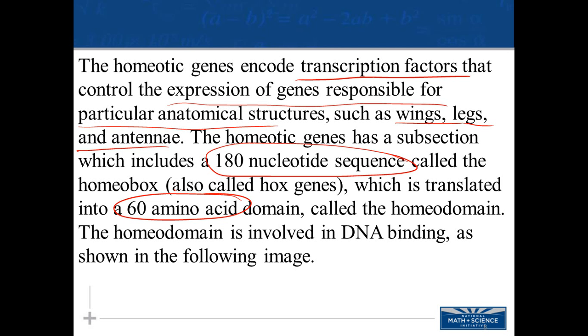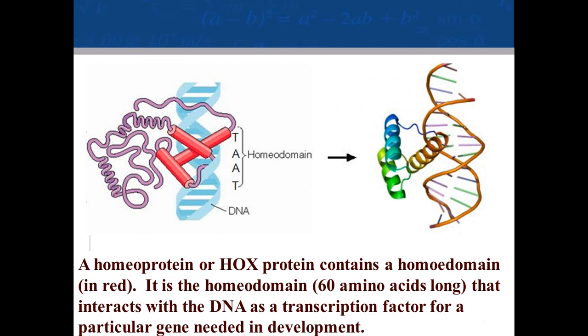So let me show you what that might look like. Okay, so this would be a homeoprotein. And this little area right here has 180, not 180, but 60 amino acids.